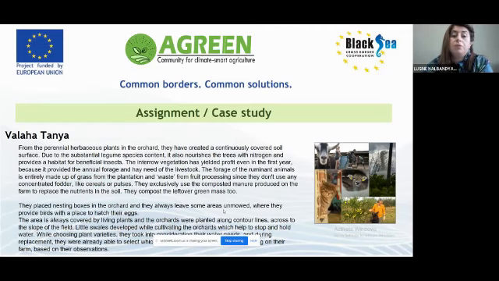From the perennial herbaceous plants in the orchards, they have created a continuously covered soil surface, due to the most often present legume crops in the farm.